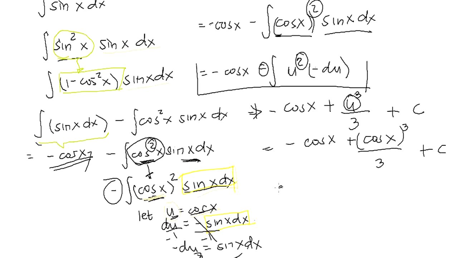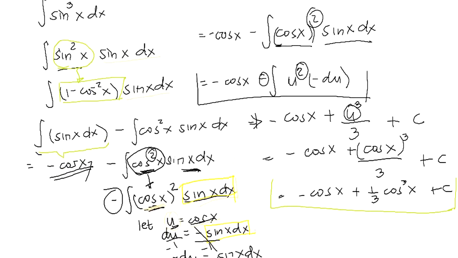Or simply, we can write this in a form like this one. We have 1/3 cosine 3x plus c. Okay. Now, this is our final answer. We have negative cosine x plus 1/3 cosine raised to 3 x plus c.